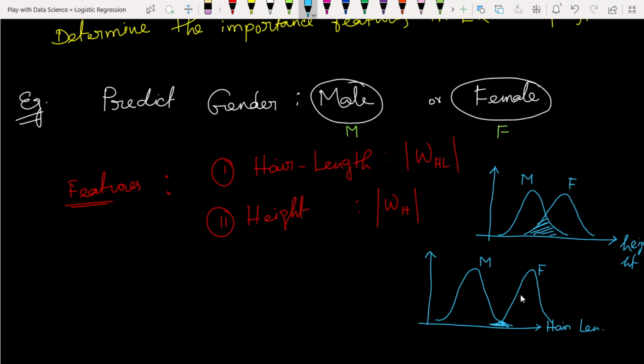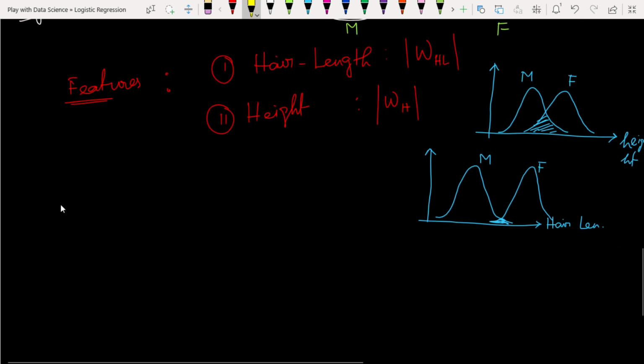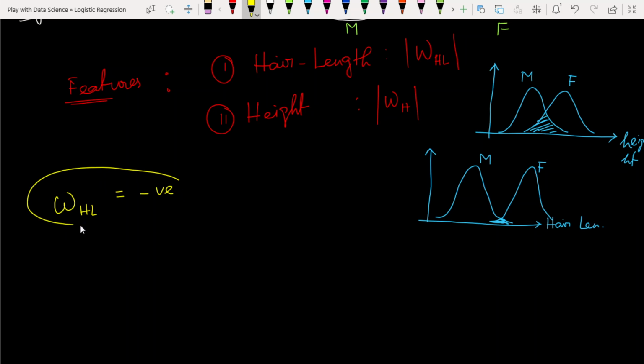But in logistic regression, how do we determine this? Here we can determine it by the absolute value of the weight of the hair length and the weight of the height. We find that the weight vector of the hair length is negative, but its absolute value is large.